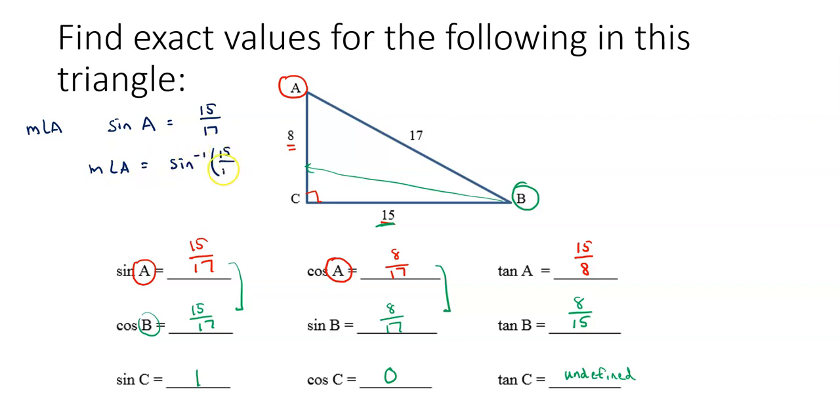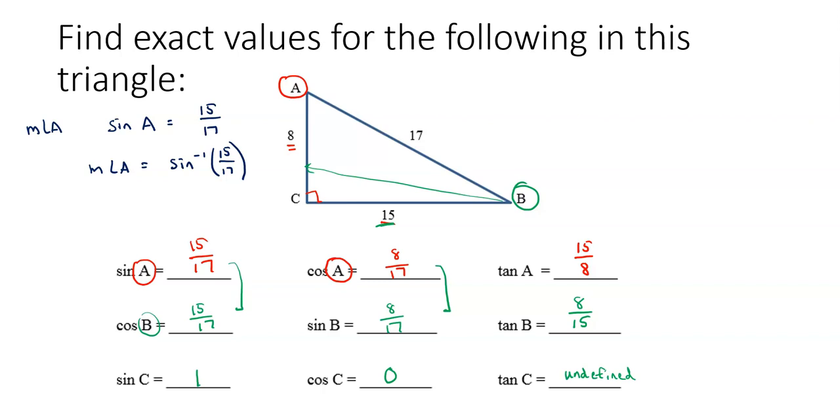Now, on your calculator, you're going to have to check a couple of things. First thing is, you're going to have to check to see what mode you're in. So on my calculator, on the bottom corner, it says DEG for degree. If you're not in degree mode, if it says RAD for radian or GRAD for gradians, then you're going to have to hit the DRG button or go to your menu and flip back and forth. So make sure it's in degree mode.